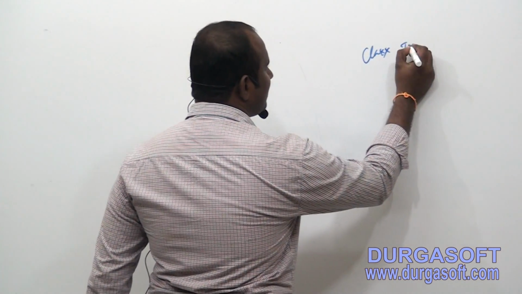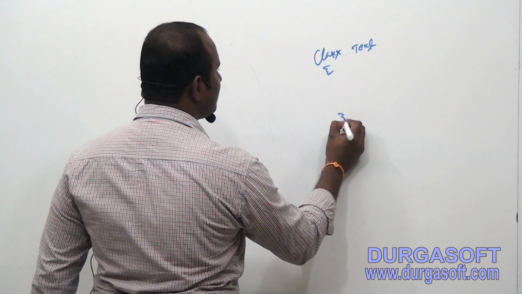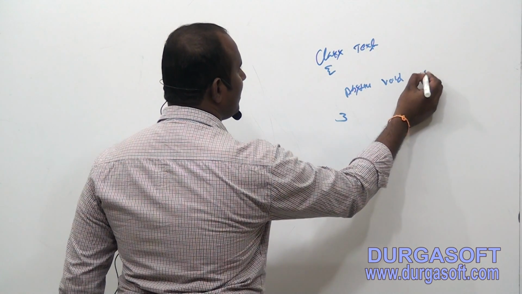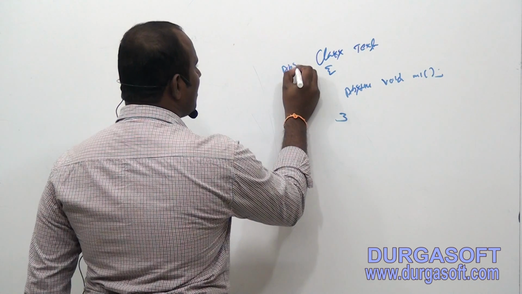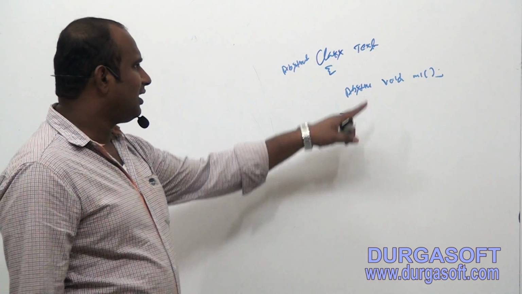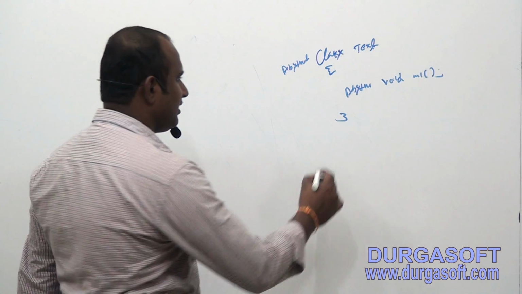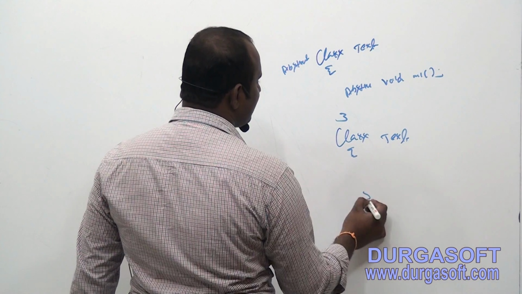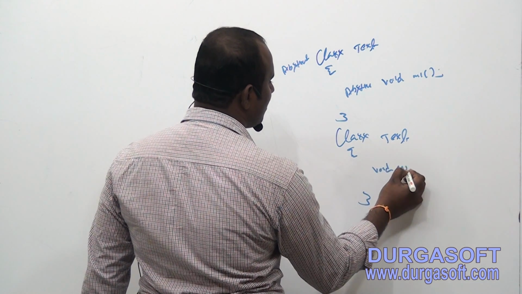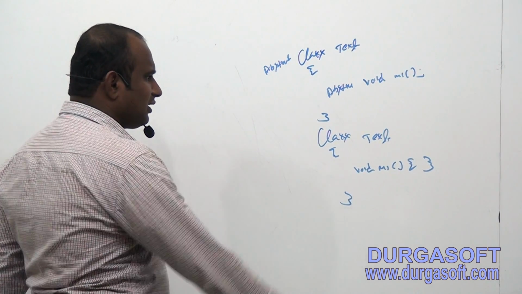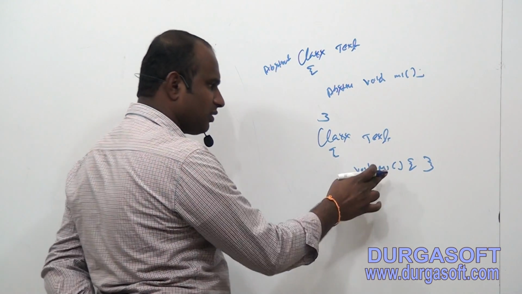For example, this is a class Test. The class Test contains the method abstract void m1. This class is called an abstract class. An abstract class contains at least one abstract method. Otherwise, if I declare a class named Test that contains void m1 with open brace, close brace, containing some implementation, the class Test contains a normal method.